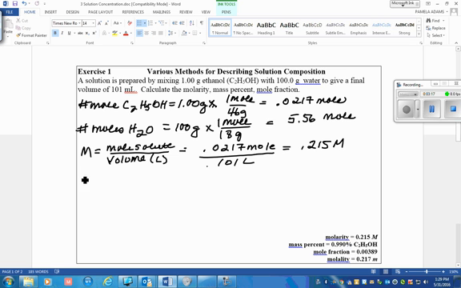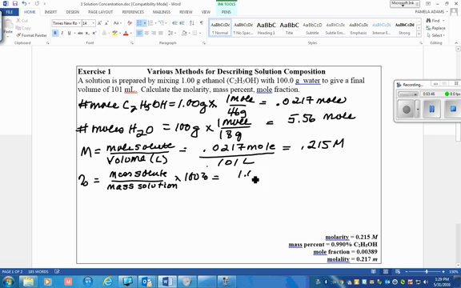Our mass percent is calculated by taking the mass of the solute and dividing it by the mass of the solution, and that would be adding together the solvent and the solute masses, and then we're going to multiply that by 100%. The mass of our solute is 1 gram.